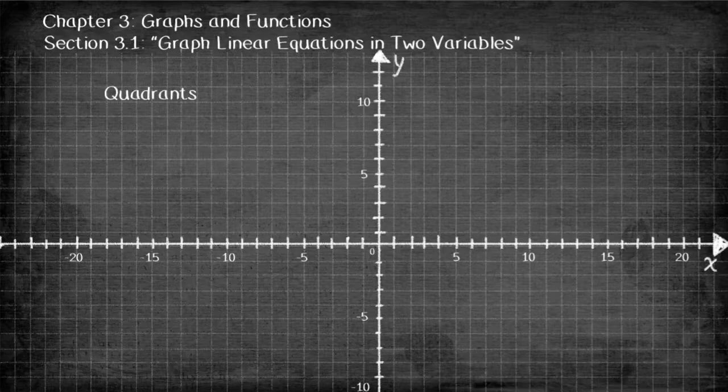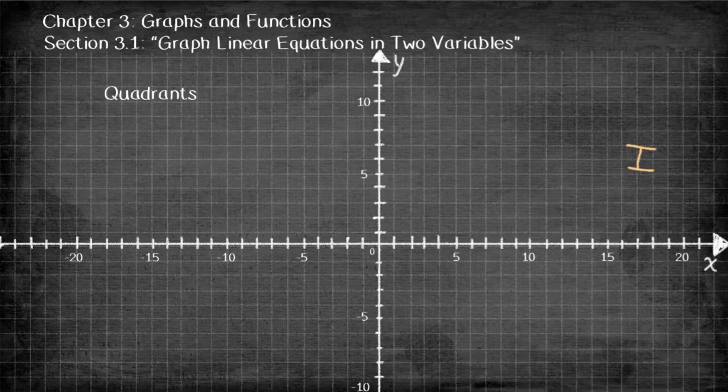So you can see that the axes split this plane into 4 different pieces. And they're all numbered. So basically what we do is we count, starting in the top right where both variables are positive.